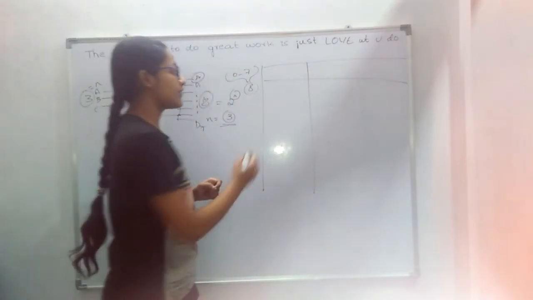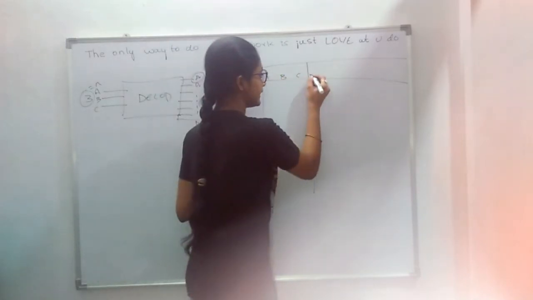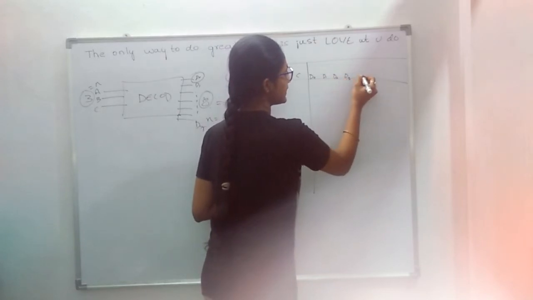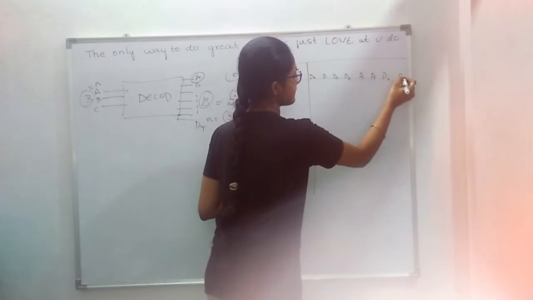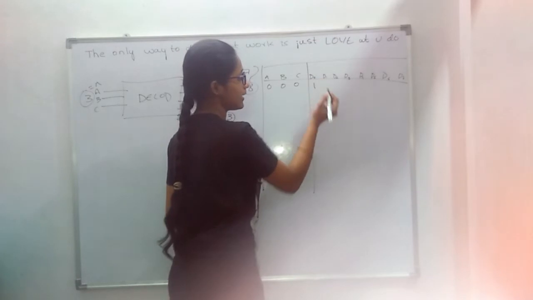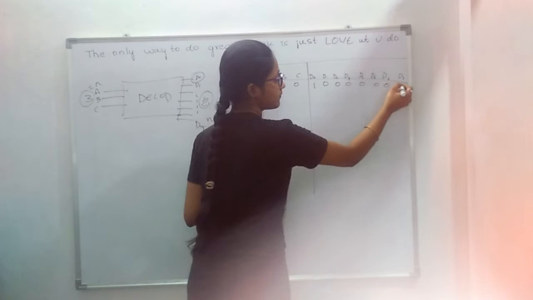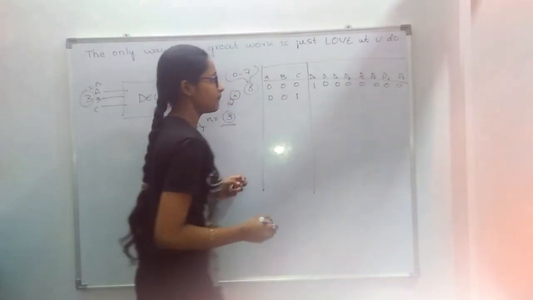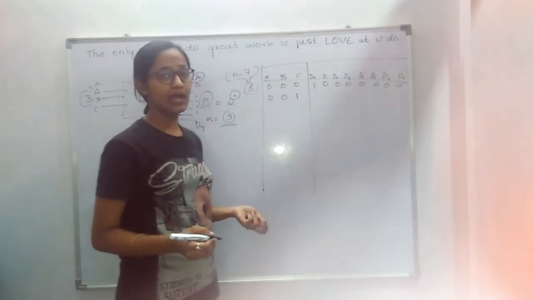What are the inputs we have? A, B, C. What are the outputs? D0, D1, D2, D3, D4, D5, D6 and D7. For input 0 0 0, D0 will be high and all the remaining lines will be 0. Okay, for 0 0 1, if the decimal number 1 is represented, then which line will be high?